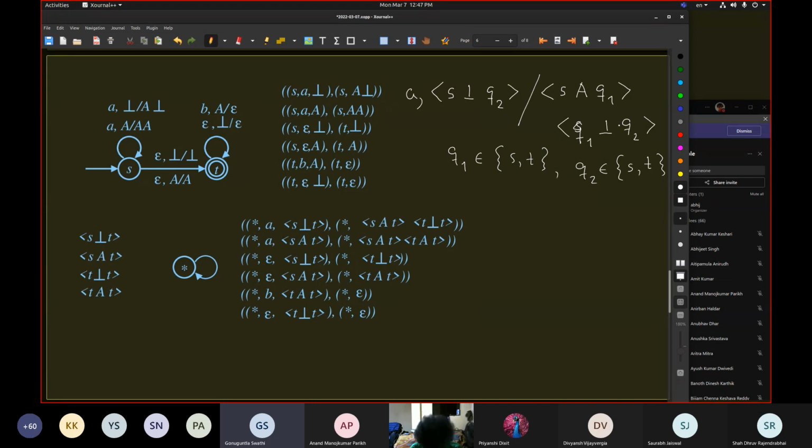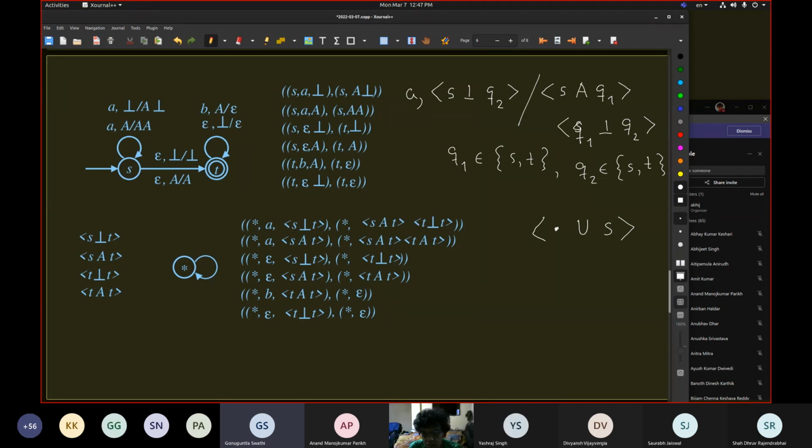Now, because this is a specific example, I can do some kind of manual tuning, the human manual tuning. If I have a situation like this, I am in some state S, some symbol, the top of the stack. Let us give it some name. U may be A or the bottom marker.